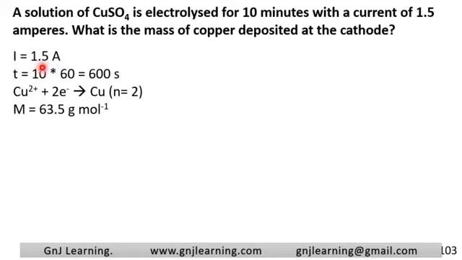I is equal to 1.5 ampere, time is equal to 10 minutes, which when converted into seconds will be 600 seconds. And since it is CuSO4, we have Cu2+ in it. Cu2+, on accepting 2 electrons, gets deposited as Cu metal. That means number of electrons is equal to 2, and molar mass of copper is 63.5.